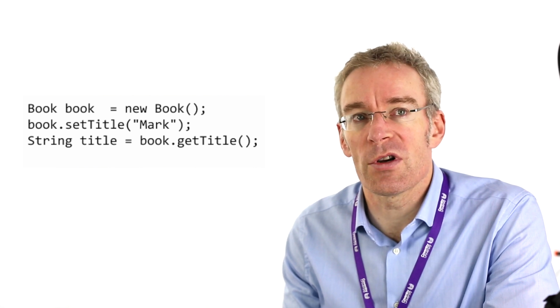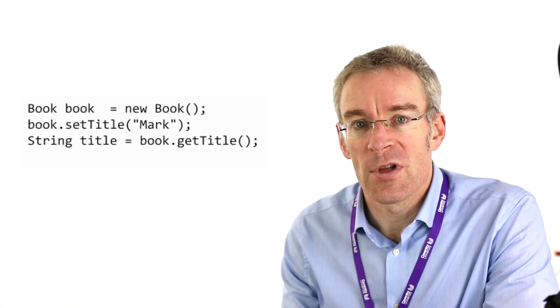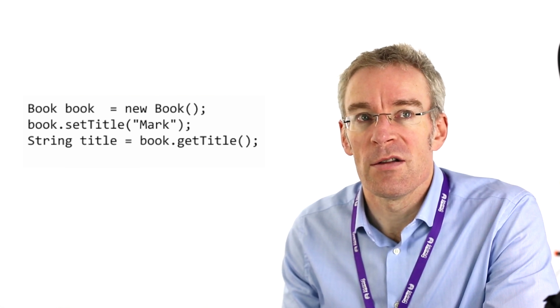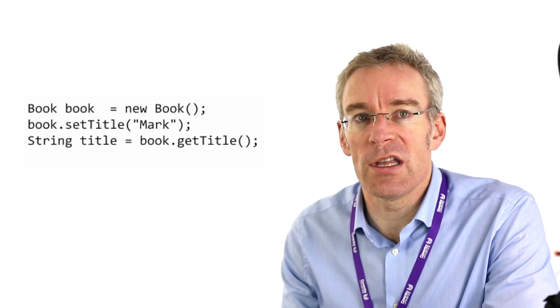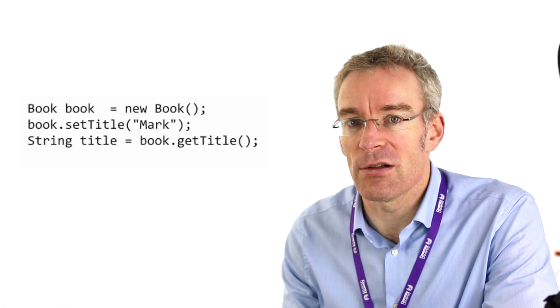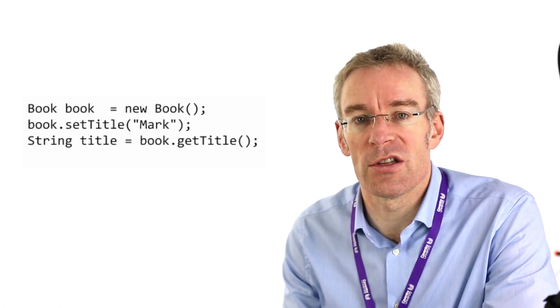I could then say book.setTitle, that calls the setter, and I can assign a value to the title private instance variable. To retrieve the value, I can say String title equals book.getTitle. So I've got getTitle and setTitle to adjust and to retrieve the value of the title variable.